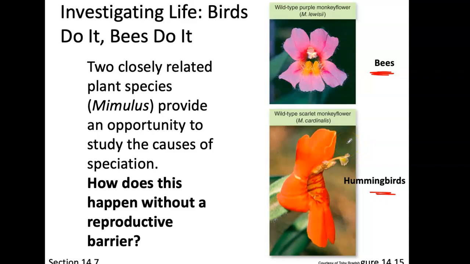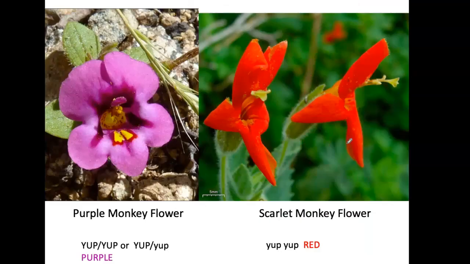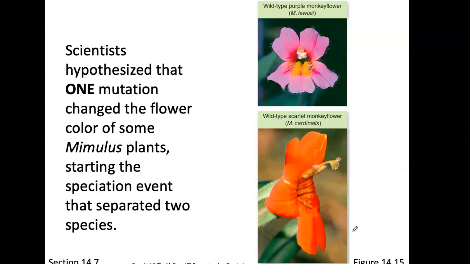So let's think about how these got so similar, how they got to be separate species. This is just an enlargement for you to see the difference in color. And this is some of the genetics of it, making it purple, and the genetics of this one making it red. So this is the hypothesis.